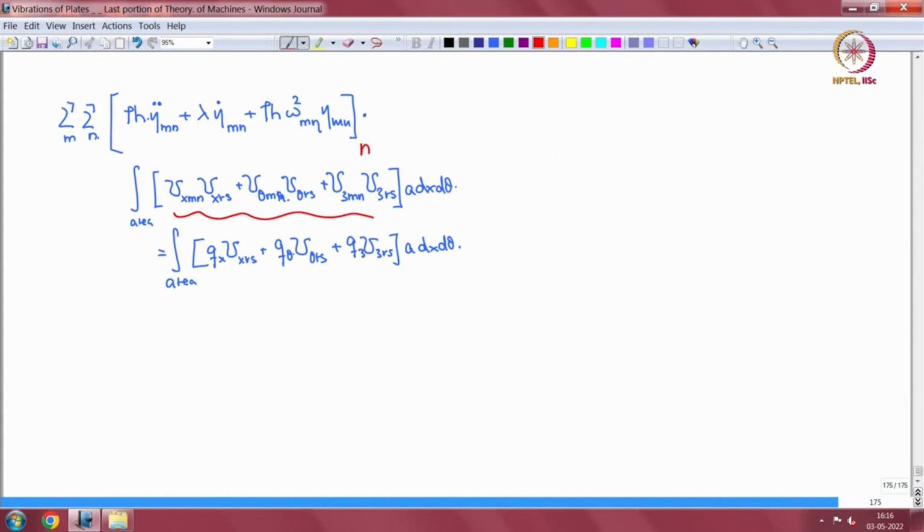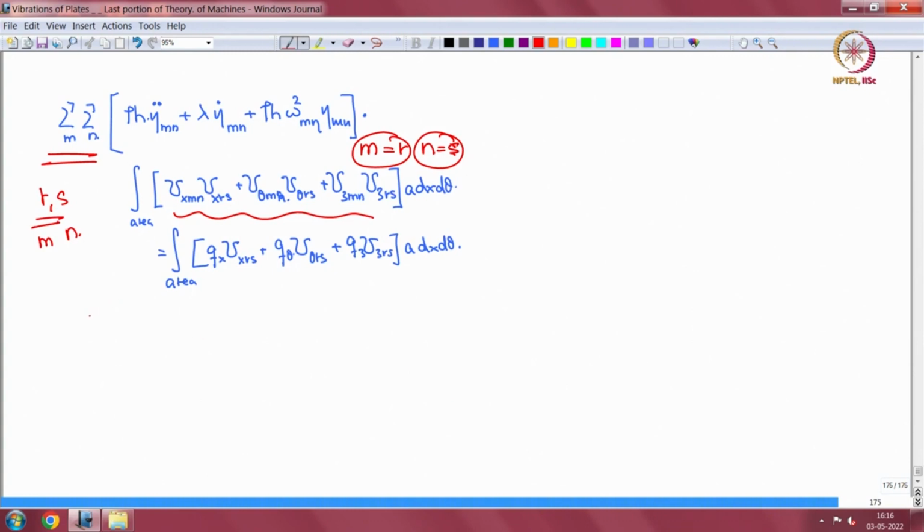Okay, m must be equal to r, n must be equal to s for this to be non-zero. If any one is violated, this is 0. Okay, and therefore out of mn, r and s are picked out, but r is equal to m, s is equal to n. Okay, so the mnth fellow is picked out.